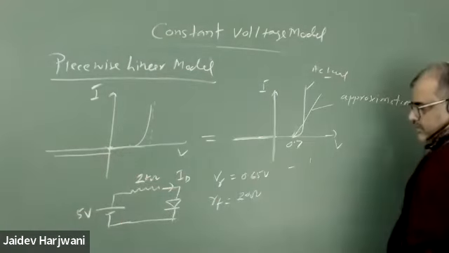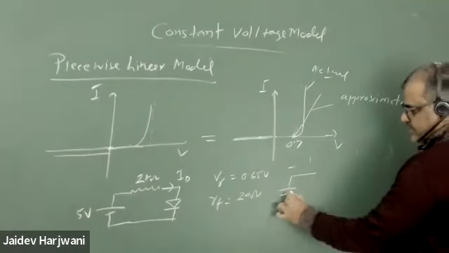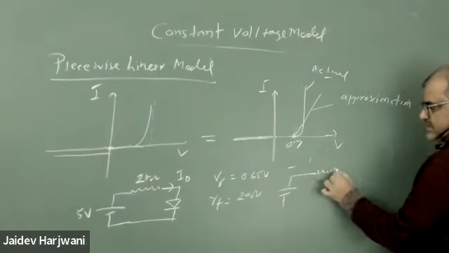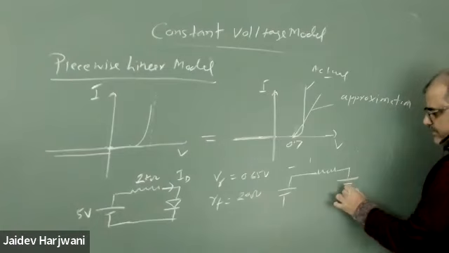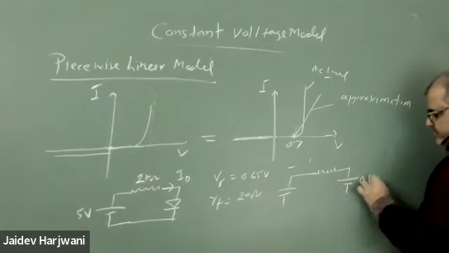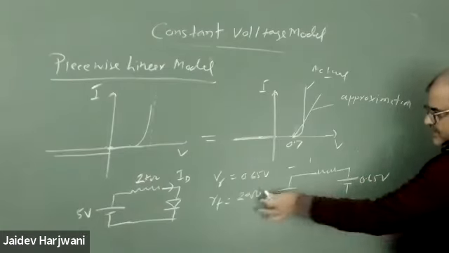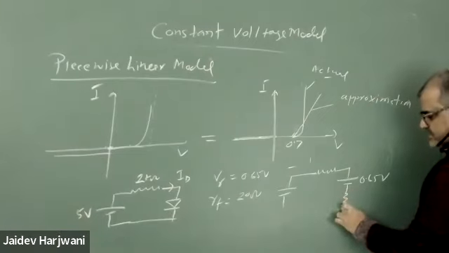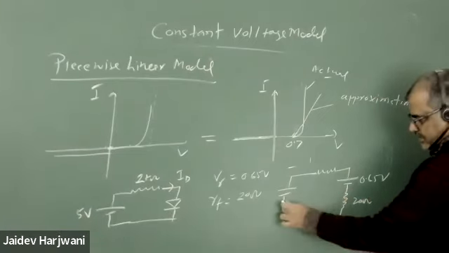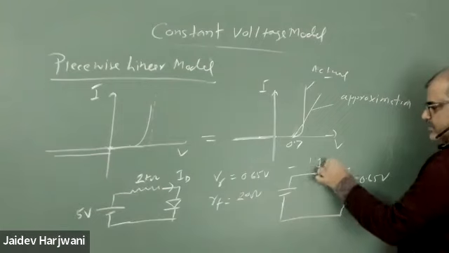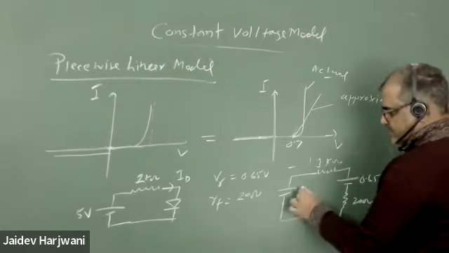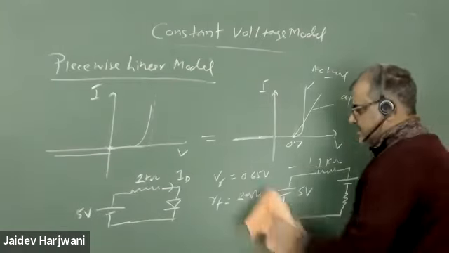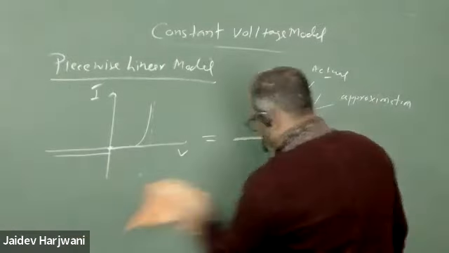So it is simple now. I have this diode and a resistance. I will replace the diode by a battery of 0.65 volt, which is given as the cutoff voltage, and a forward resistance of 20 ohm, and this is my 1 kilo ohm resistance, with a 5-volt battery. I need to find the current.